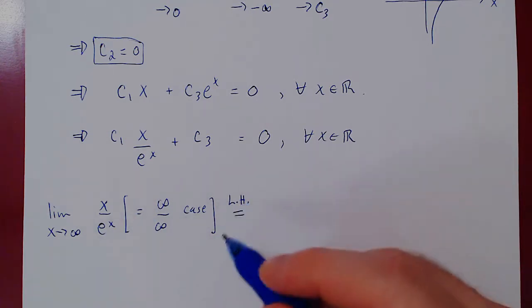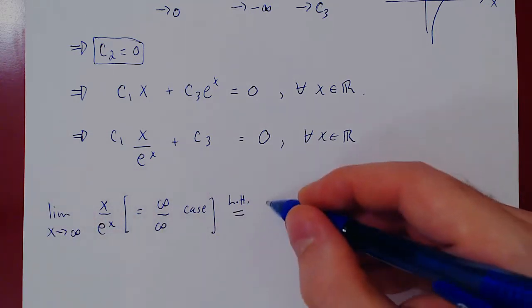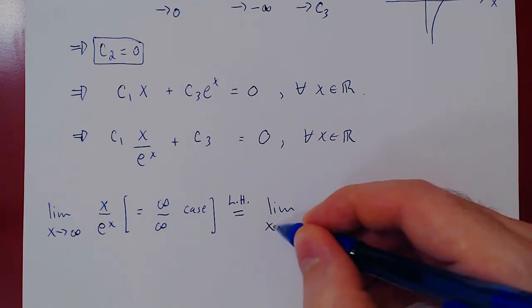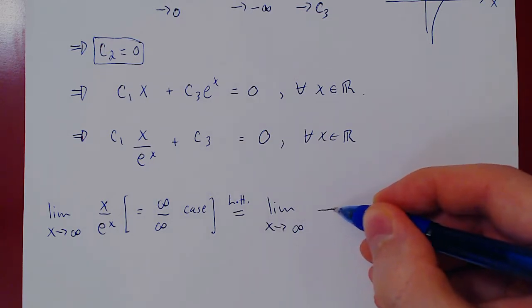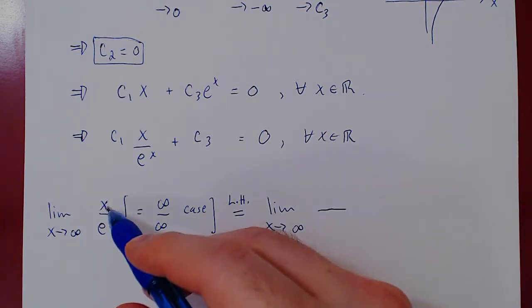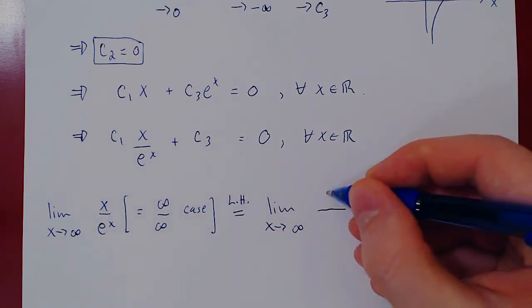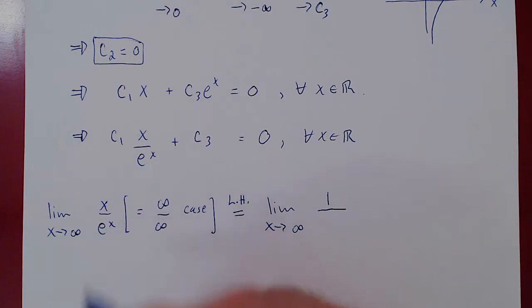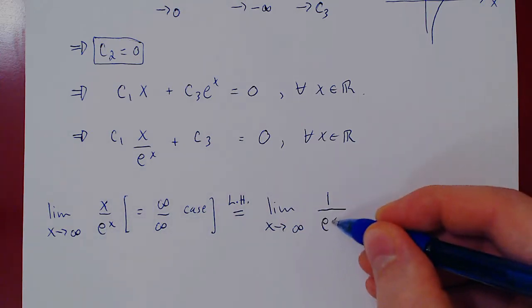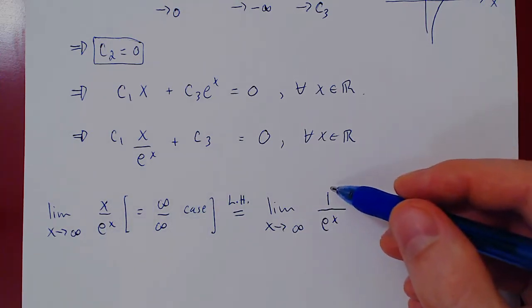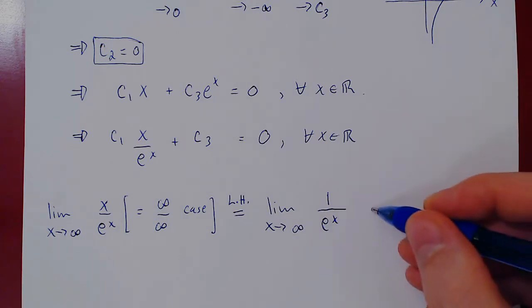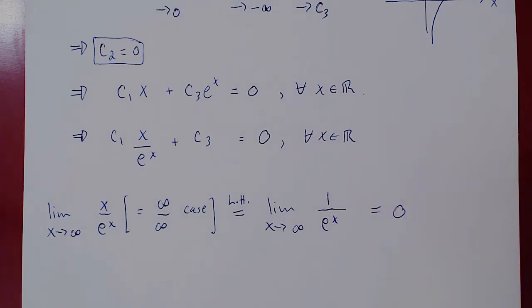And L'Hopital's rule says that the limit will stay the same, so x is still approaching infinity. But now we are replacing each function by its corresponding derivative. Replacing x by its derivative, which is 1. Replacing e to the x by its derivative, which is itself. But now you get 1 over infinity, which is simply equal to 0.